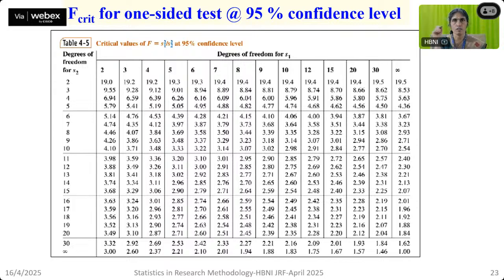First, you go for the degrees of freedom for the numerator, then come down the rows to read the particular value. We are comparing the variances S1 square and S2 square; 1 stands for numerator, 2 stands for denominator. The significance level, or if not, the confidence level, will also be mentioned. This is a particular case where 95% confidence level is reported for F values.